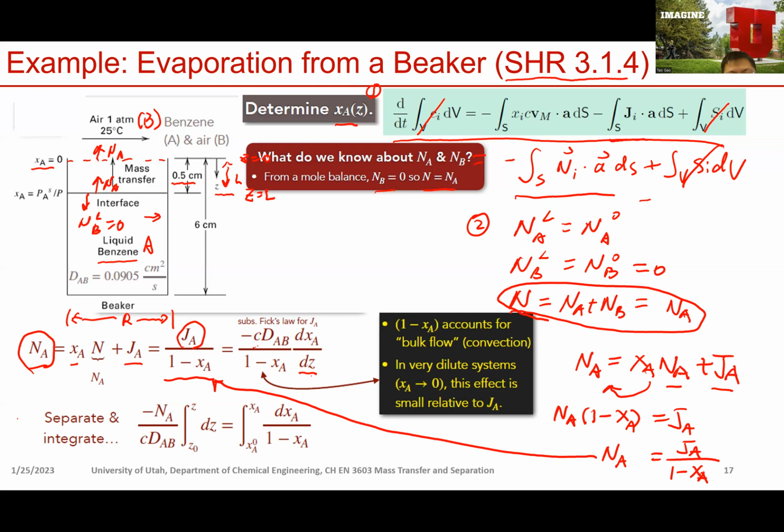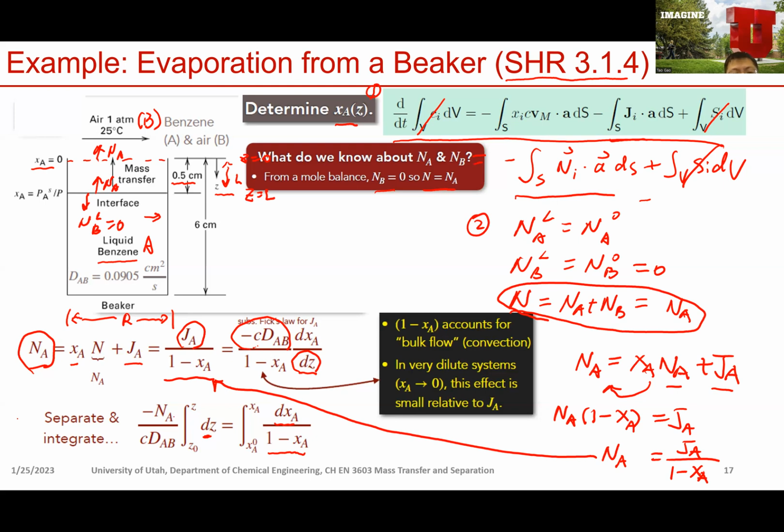So what you can do is move dZ and CdAb to the left of the equation, right? That gives you minus Na divided by CdAb dZ. Then on the right-hand side, you have dxa divided by 1 minus xa. Then you can do an integral from z0 to z.